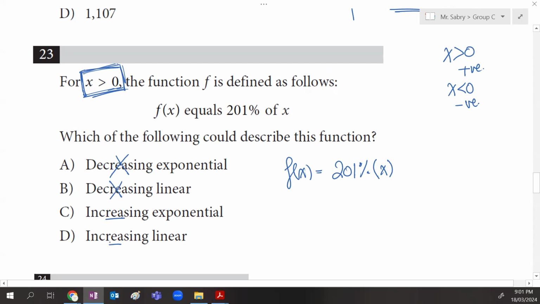Now, is it increasing exponentially or linearly? Because I'm multiplying, when I say of something, it means times something. Because I'm multiplying by the same percentage, that's considered exponential. If I was adding the same number, that would be considered linear. So the answer here is C right away. Any questions?